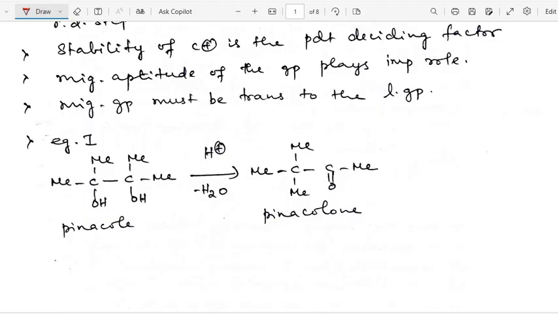In this example, we can see diols, which are also called pinacole, in the presence of acid undergo dehydration reaction to form a pinacolone, which is a ketone. If we consider this OH as the leaving group, the group which is trans to the leaving group will get migrated. So this is a migrating group.